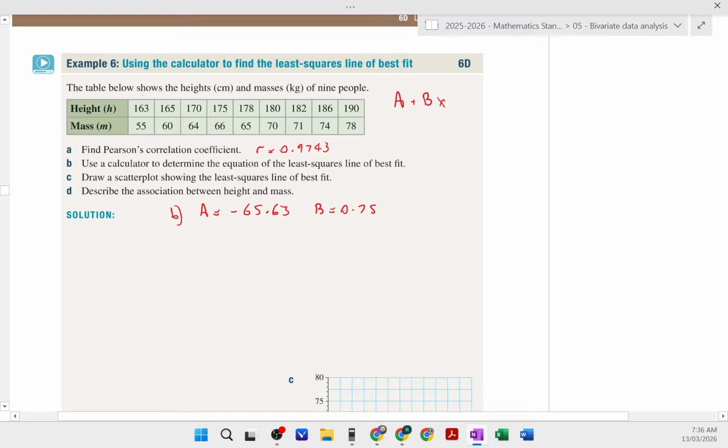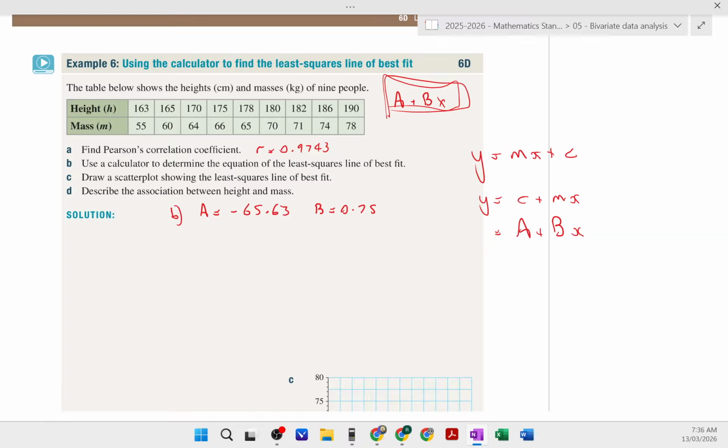Okay, so why do we need those? Well, if you look at the way this is written, and think of y equals mx plus b, it looks kind of similar. I can rearrange that to be y equals, and I'll make it a c because that's what I prefer, c plus mx, which you should be able to recognize is going to be a plus bx. So we have a way of rewriting our equation using the numbers we're getting from the calculator.